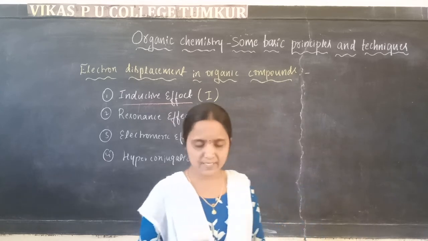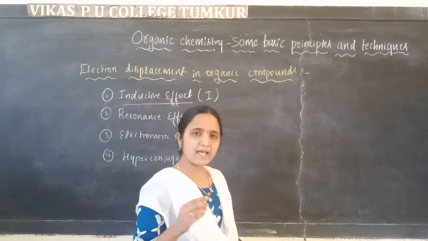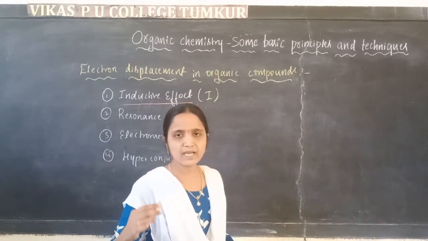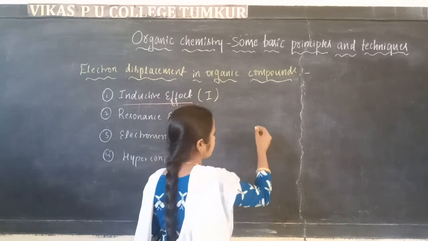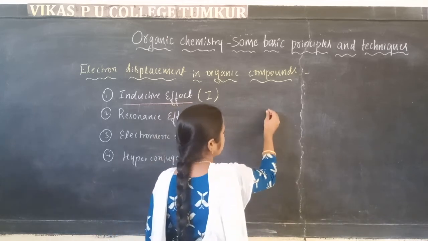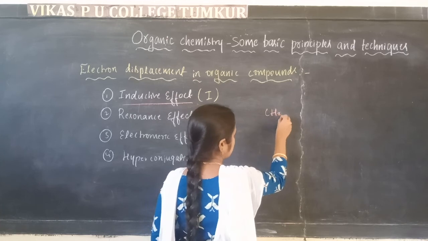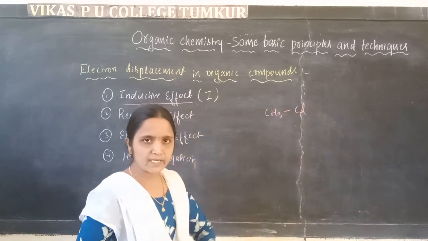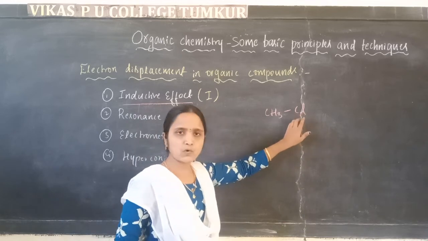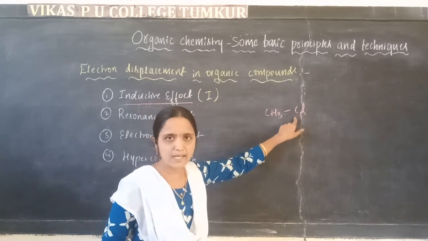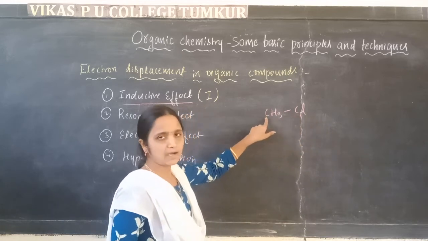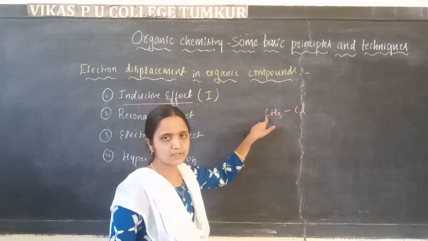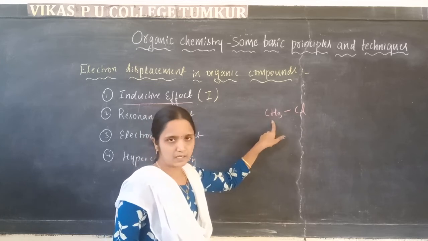Here we take one example, that is, the carbon atom is attached with the chlorine. We take the example CH3Cl. Here the chlorine is more electronegative than the carbon.